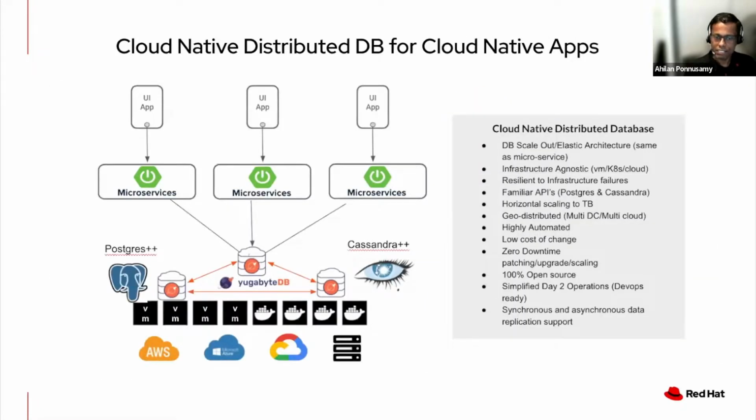So this is where we see Yugabyte helping us in extending the open hybrid cloud architecture into the data plane as well. By the nature of it, a distributed cloud native architecture requires a cloud native distributed database as well. And as I mentioned in the previous slide, it also needs to support multiple different data workloads, be it SQL, NoSQL, as well as streaming.